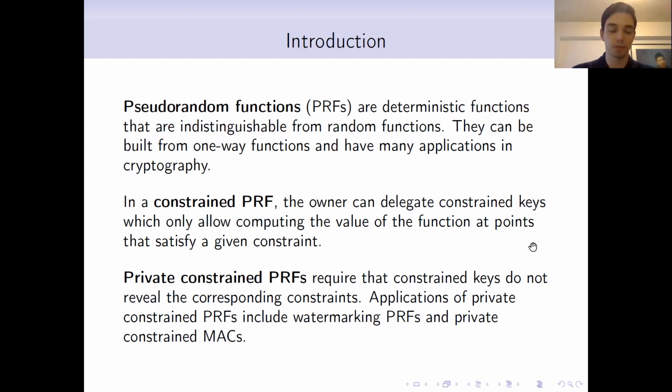In a private constrained PRF, we have a stronger security requirement, which is that the constrained keys must not reveal information about the corresponding constraint. They have applications including watermarking PRFs and private constrained message authentication codes.